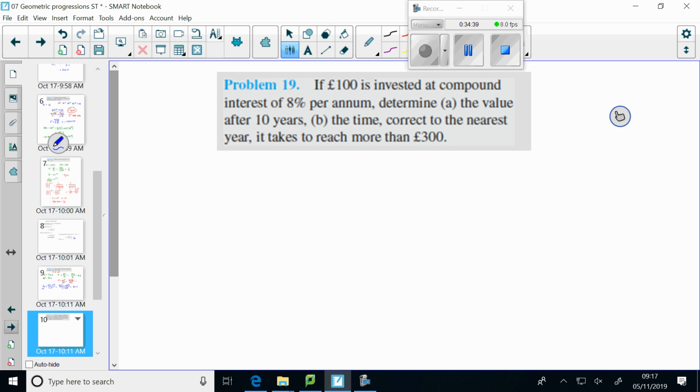Listening, boys? Good. So, £100 is invested at a compound interest rate of 8% per annum. So what is R, the common ratio?